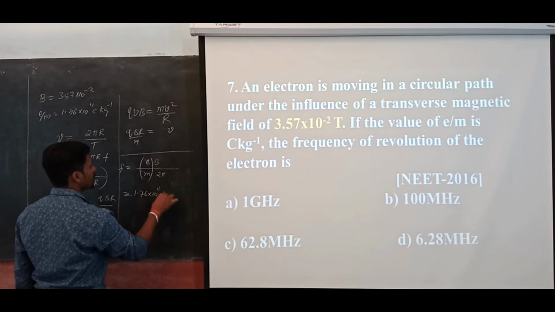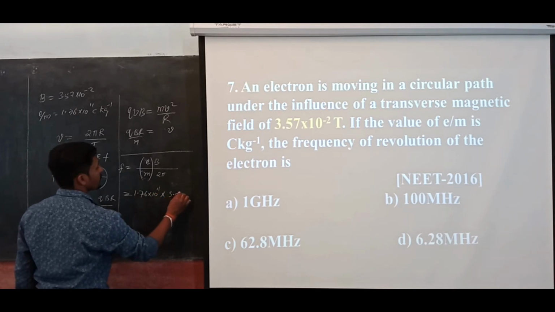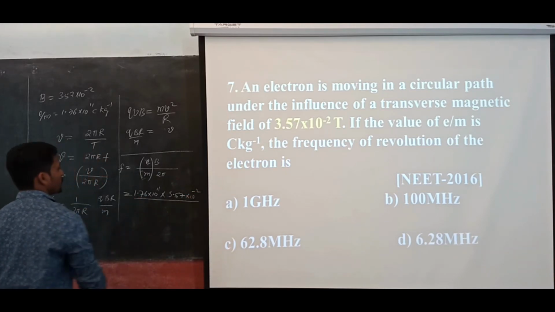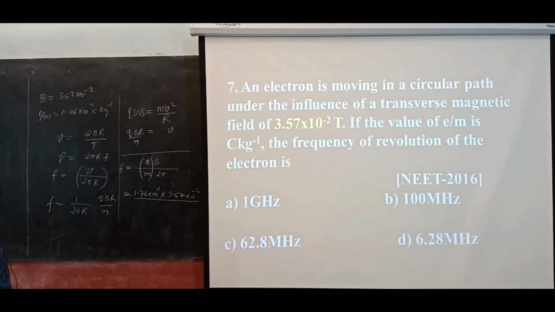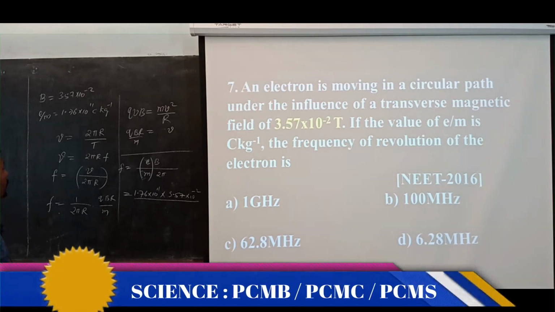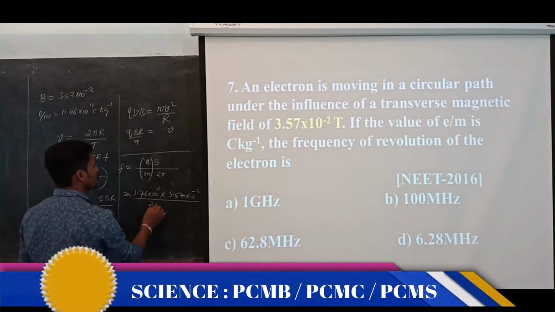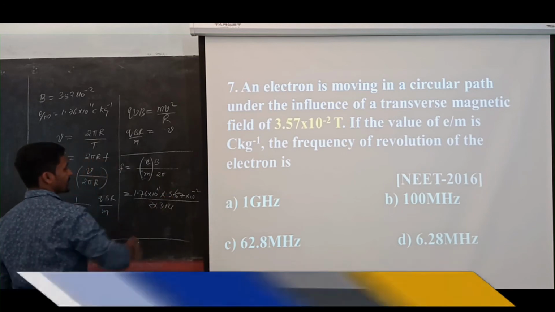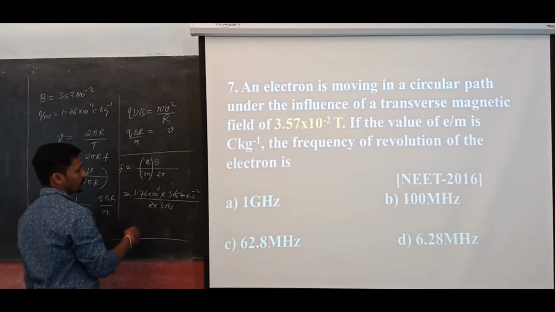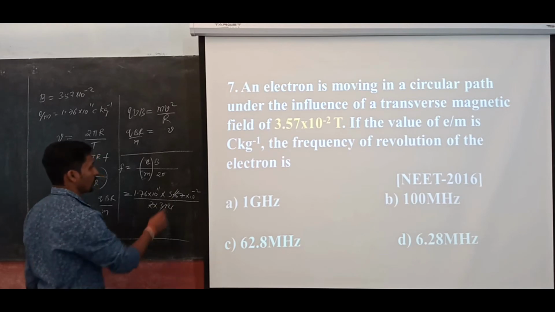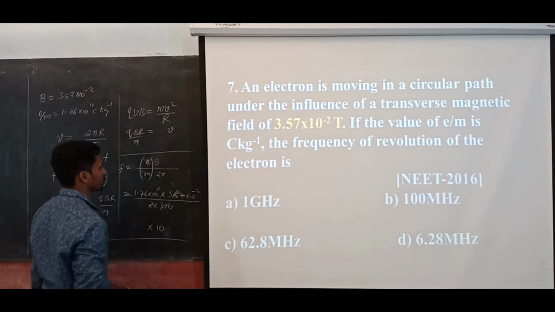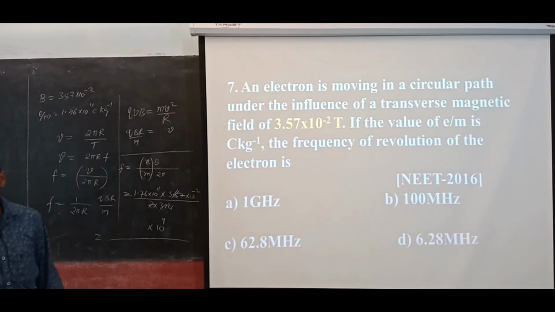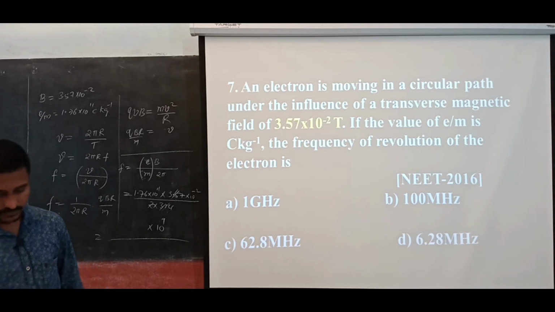into B, that is 3.57 into 10 to the power minus 2 B, that you write there. And m, E by m is already given, no need to write, 2 into 3.14. So calculate it, almost cancels, that is 2, 10 to the power 9, 10, 11, so 9 you are going to get.